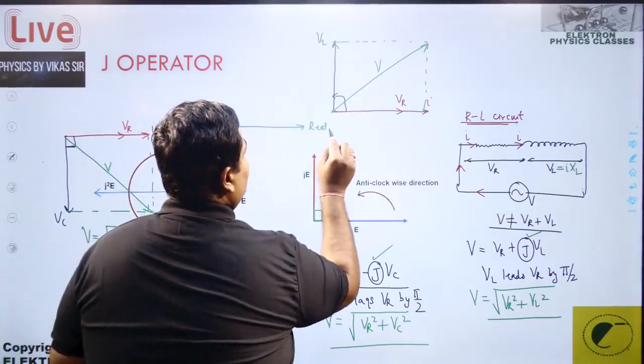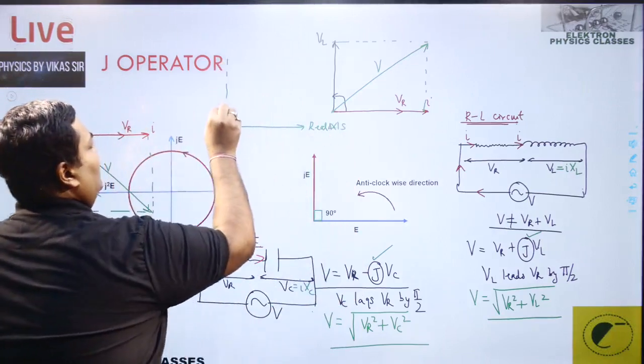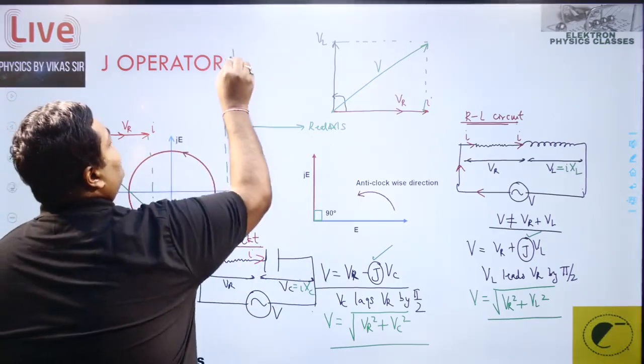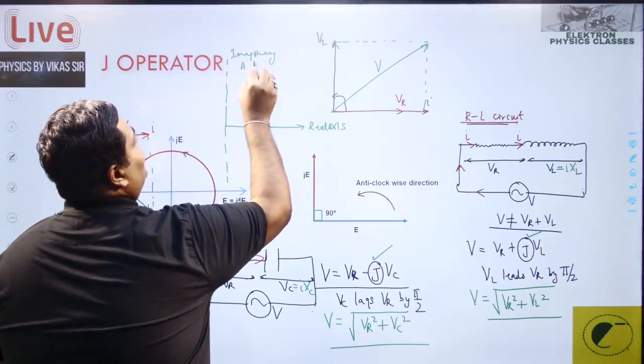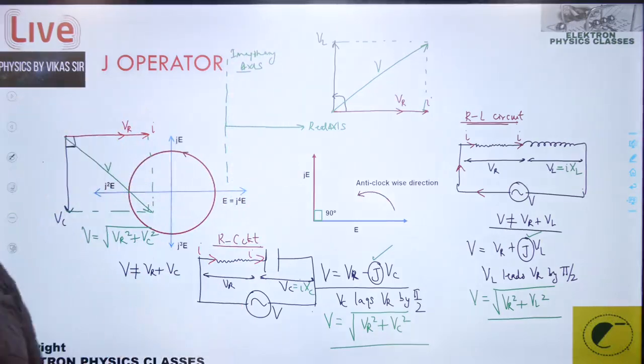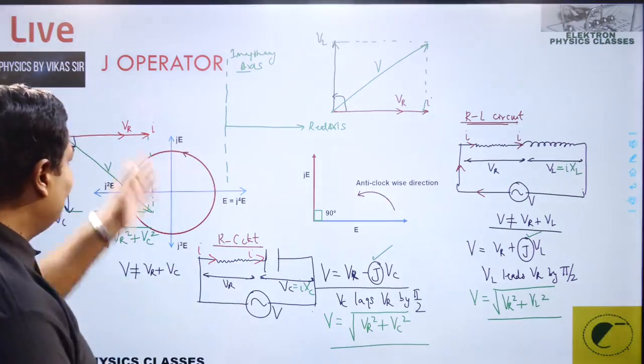A real axis. And this one is supposed to be what? An imaginary axis. So that means a j operator is used where there is an imaginary axis.